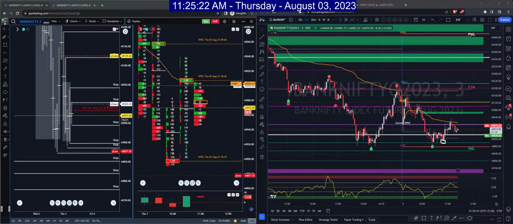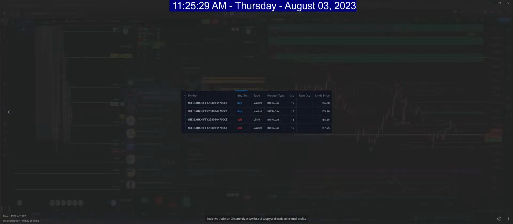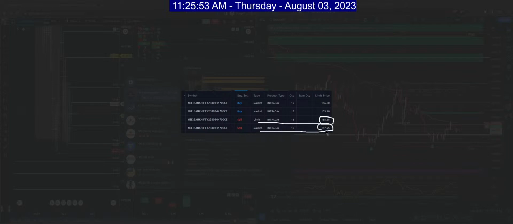Let me just share my Telegram screenshot of the trade. These were the two trades I took, 44,700 CE. One I bought at 186 and another at 159, and once it started to cross my first buying price, that 186 level, I started to trail. There was a limit order which got hit at 188, and then I exited another at 187.